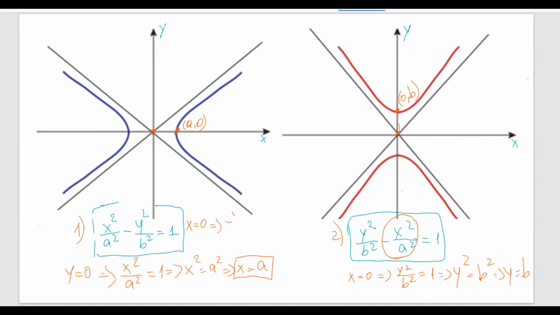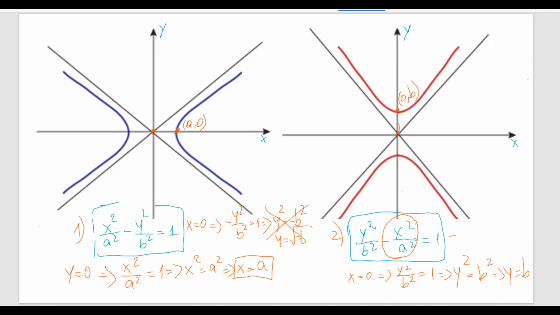I get minus y squared over b squared equals 1, and I will get that y squared equals minus b squared, and y equals the square root of minus b squared. So what I'm getting is an imaginary number. So this is not a solution. That's why x can never be 0.